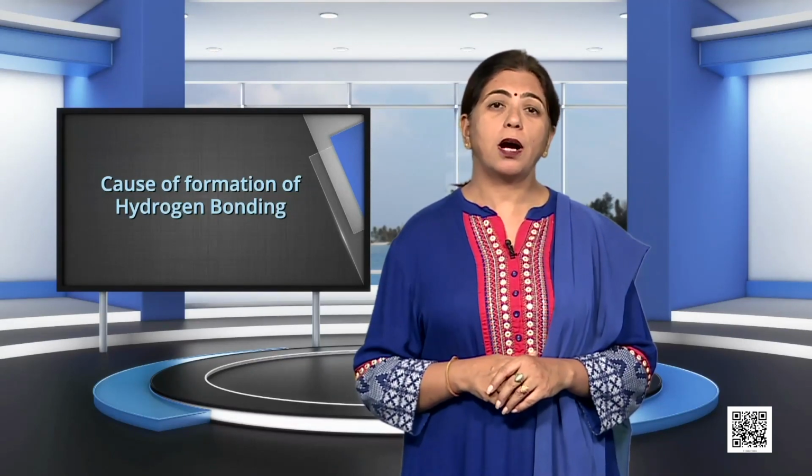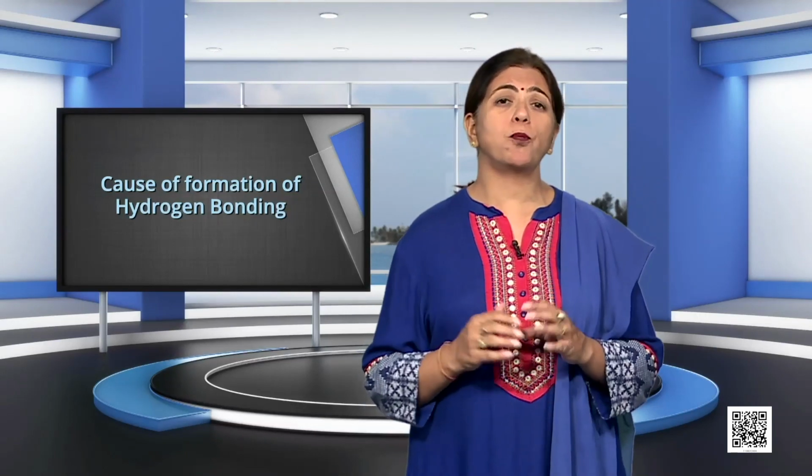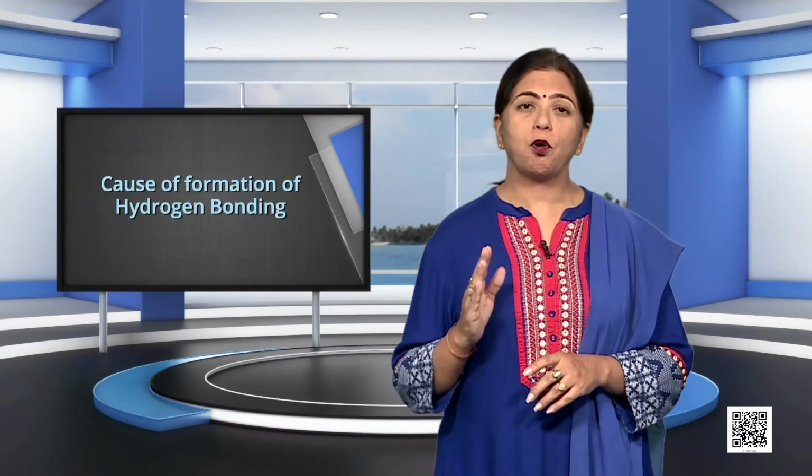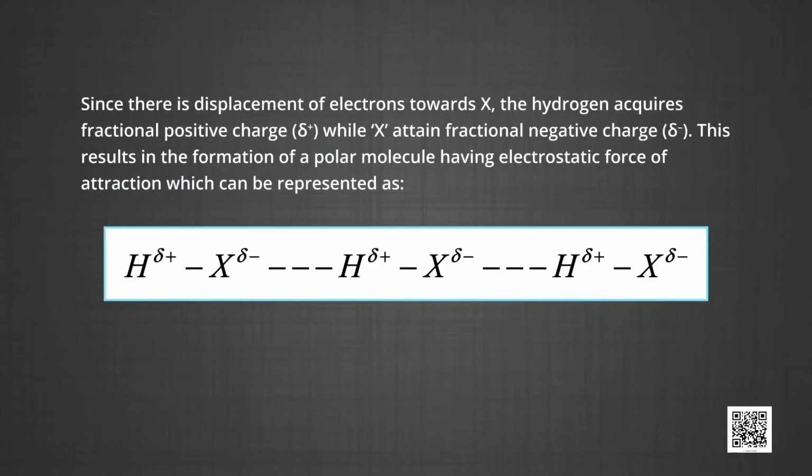As a result, the hydrogen atom becomes highly electropositive with respect to the other atom X, which can be F, O or N. Since there is a displacement of electrons towards X, the hydrogen acquires a fractional positive charge, that is delta plus, while X attains a fractional negative charge, that is delta minus. This results in the formation of a polar molecule having an electrostatic force of attraction, which can be represented as the dotted line between the two molecules.